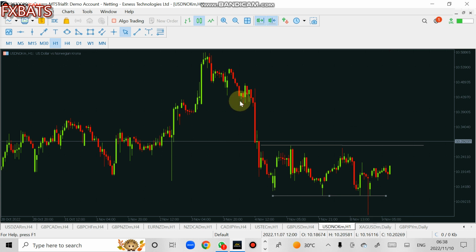A valid break of structure should be marked by candles closing above. This is now the bullish side of the trend as I'm marking. You can see the opposite of what I marked initially for our bearish trend. This is the bullish momentum candle. It opened below and closed above.